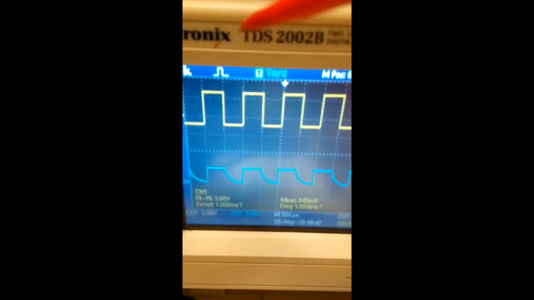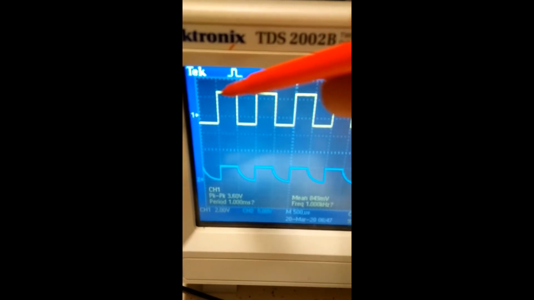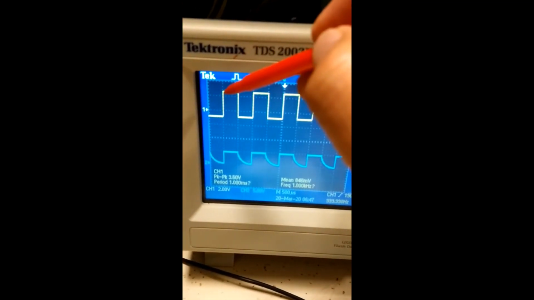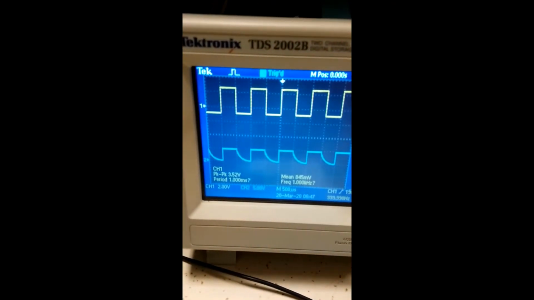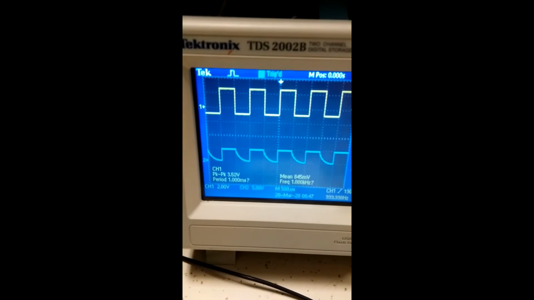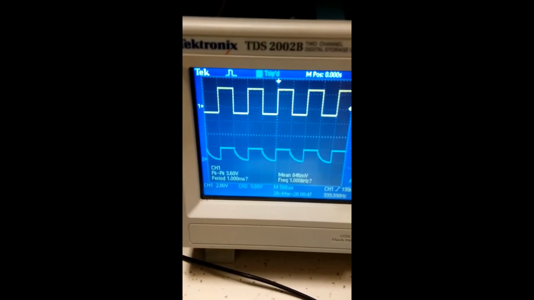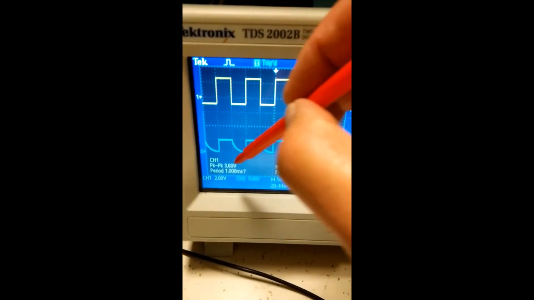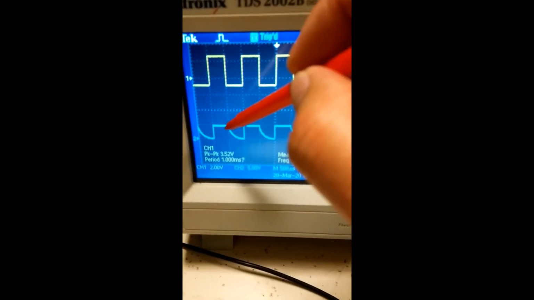This is controlled by control A. It's not so clear, but you have this high level, meaning a high voltage signal to the control, and it turns on the switch. That's why you have about 5 volts; this is 1 division, 5 volts.